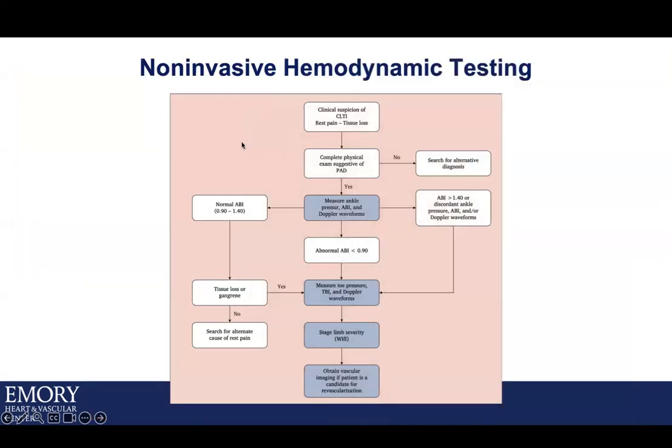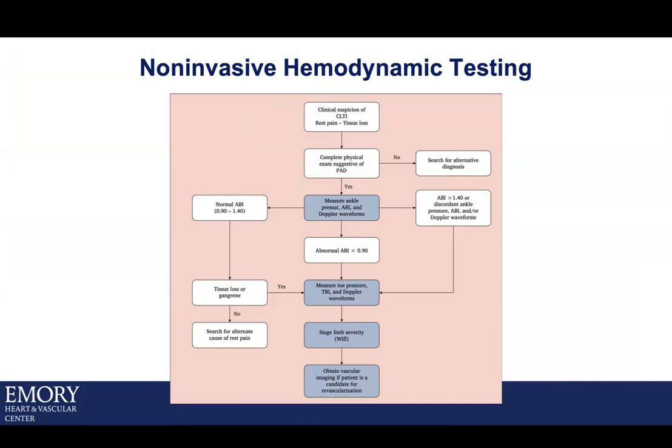The non-invasive hemodynamics, as we mentioned indirectly in the prior slides: the ankle pressure and ankle brachial index are the first things we're going to do in all of these patients with suspected CLTI. It's also important to look at the Doppler waveform, as mentioned before.